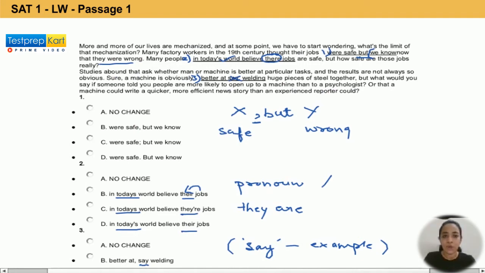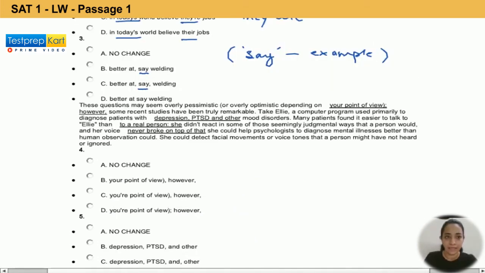A machine is obviously better at welding huge pieces, right? So now we know that this part was just the description. Problem with this part, by now you should see, closing comma is there, but there is no opening comma. That means this part makes a syntax error.